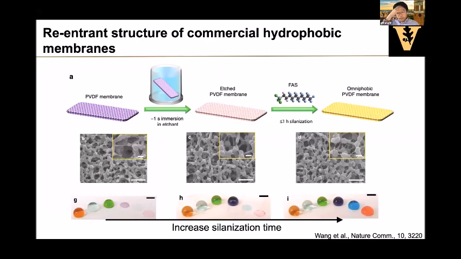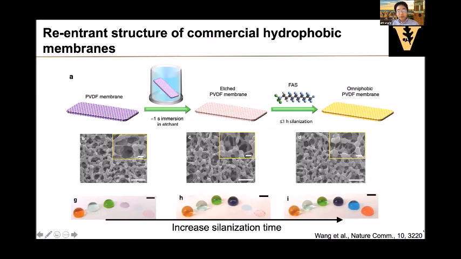More recently, people are looking into not using nanoparticle modification, but just using conventional commercial hydrophobic membranes. They realized that a lot of commercial hydrophobic membranes actually have a reentrant structure. The reason they are not omniphobic is that their surface energy is not low enough.